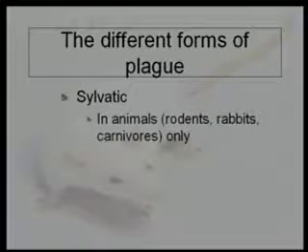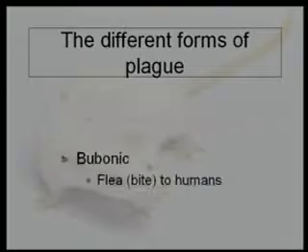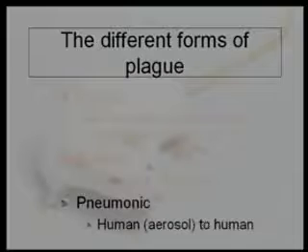Sylvatic is in animals, rodents, rabbits, other carnivores. The mode of transmission again is fleas to animals. Bubonic: flea bites from rats or other infected animals. Humans are bitten and they develop bubonic plague. Pneumonic plague is from person to person.